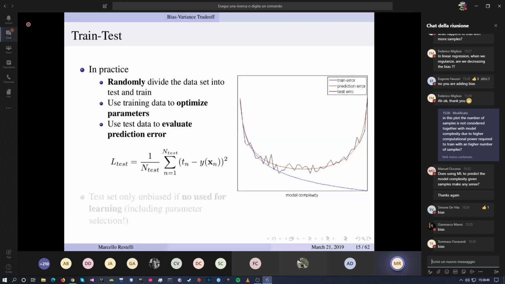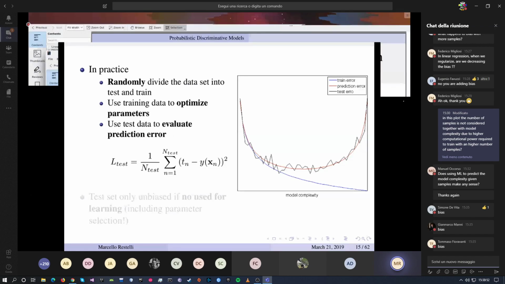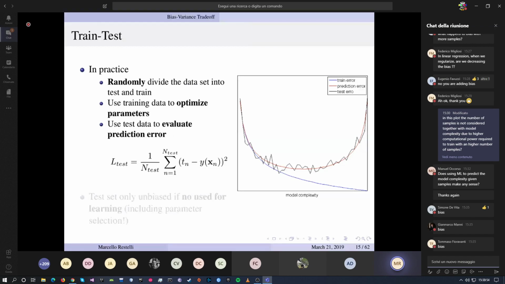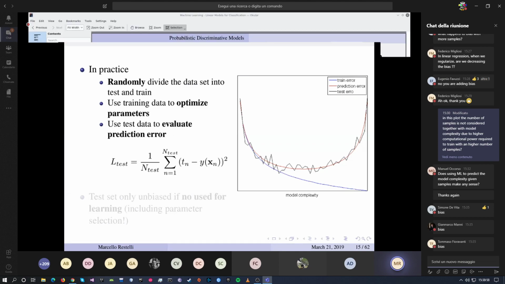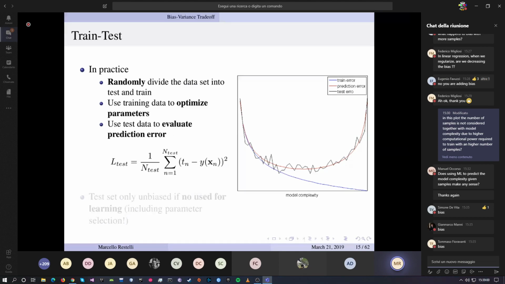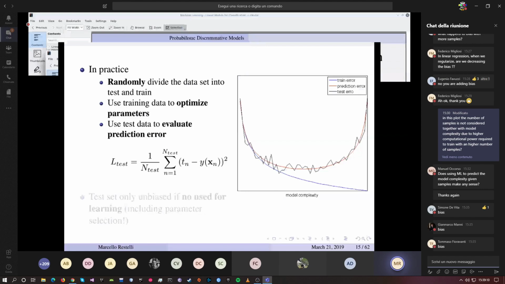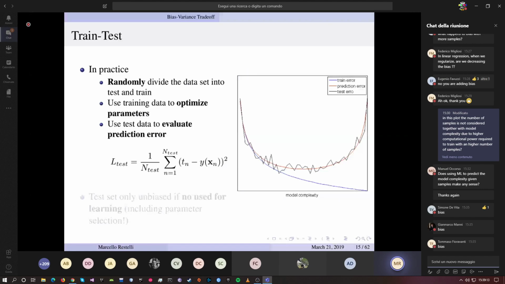And you see here what happens. You have some data used for training, and for sure, increasing the model complexity, the blue line will decrease. Then I use other data that I have not used for training for evaluating the goodness of the model that I've learned. This is the black line, which is noisy, clearly, because it's estimated from data.